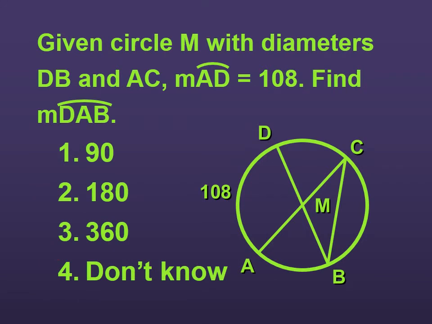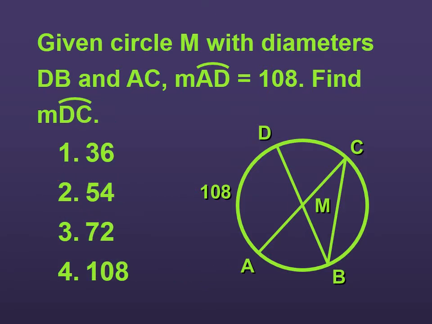Next question. Given circle M, find the measure of arc DAB. So here we have D, A, B. Well, that is a semicircle since DB is a diameter, which means that's option 2, 180.